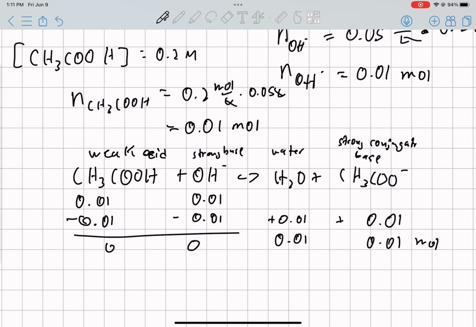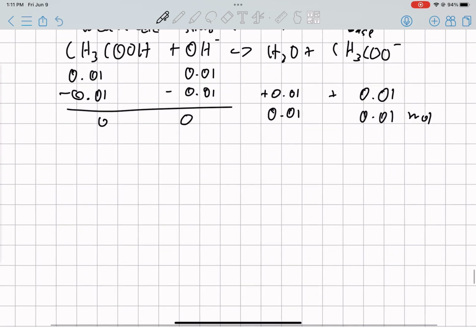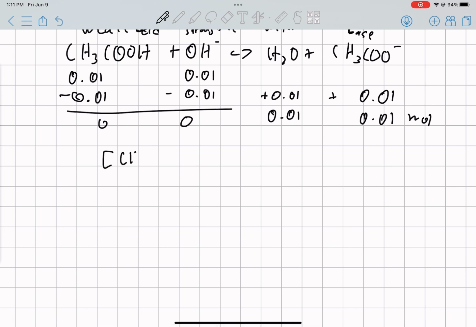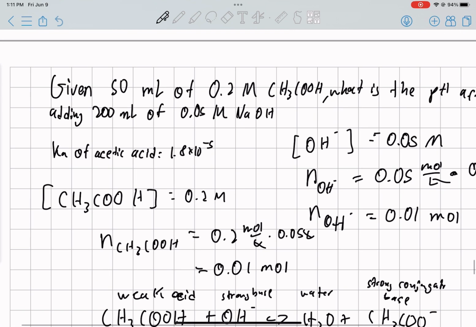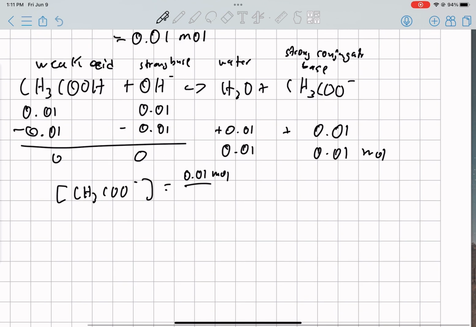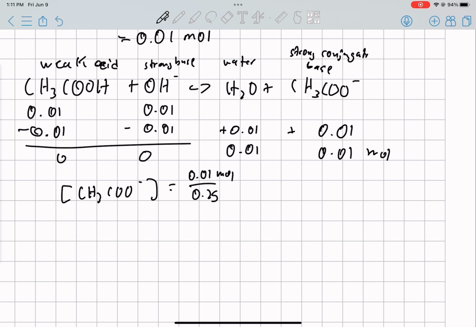Amazing. So we have that, and with that, we can solve for the concentration of the strong conjugate base. So CH3COO minus is equal to, we have 0.01 moles of this in a 250 milliliter solution, because we added 200 milliliters to a 50 milliliter solution. So 250 milliliters solution, which is just 0.25 liters.